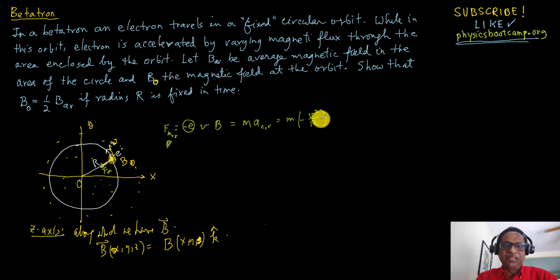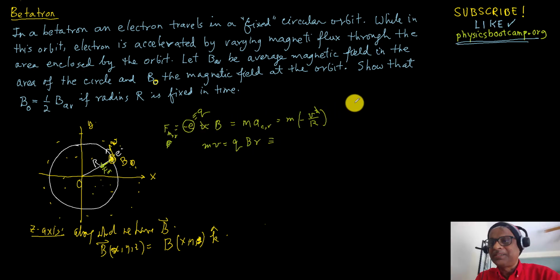So you can see that mv equals charge, let's call this Q, one of the v is cancelled out, QBR, and this is all non-relativistic.